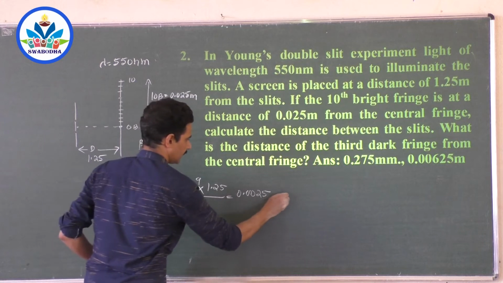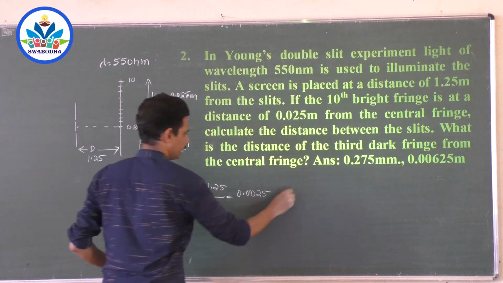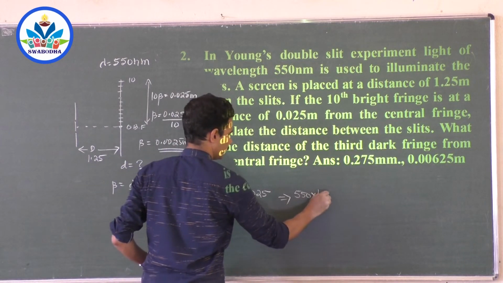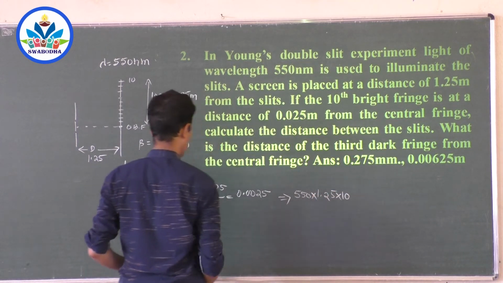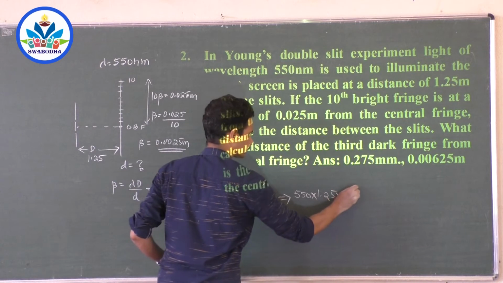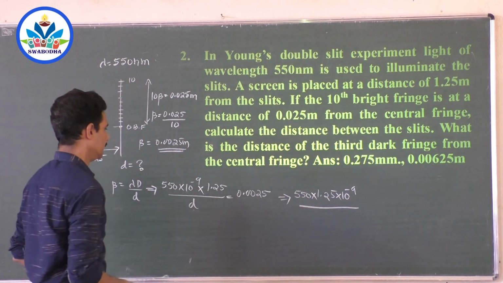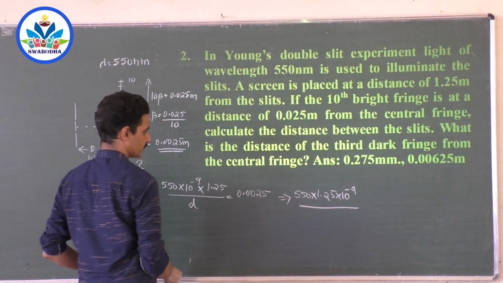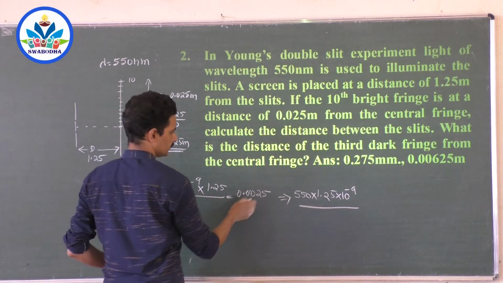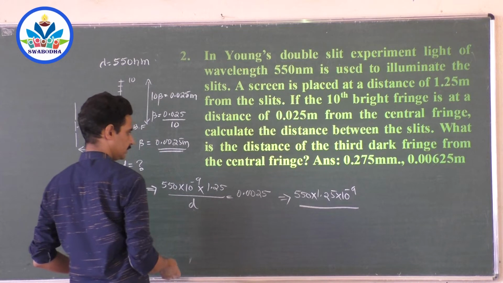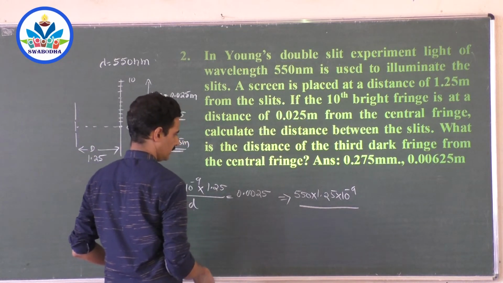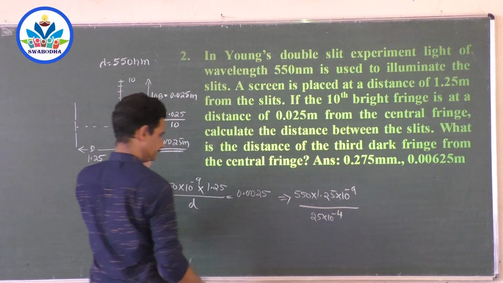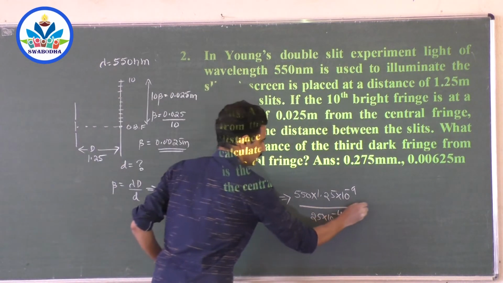0.0025. What is d? Bring d here. 0.0025 here. That implies 550 into 1.25 into 10 to the power minus 9 divided by 2.5 into 10 to the power minus 3, anyway you can write it, and that is equal to d.